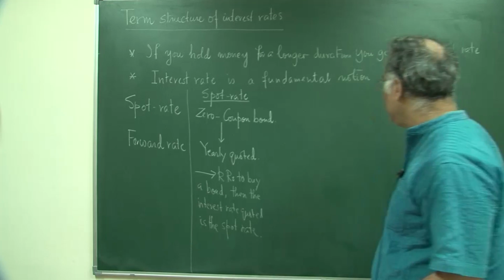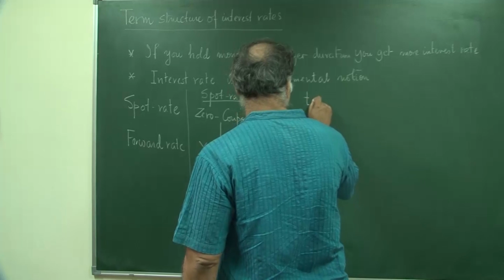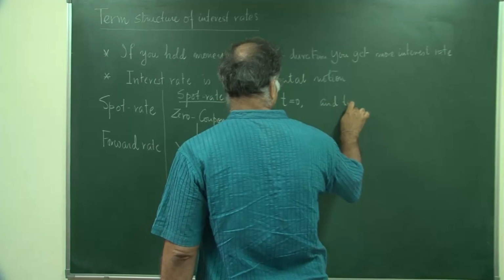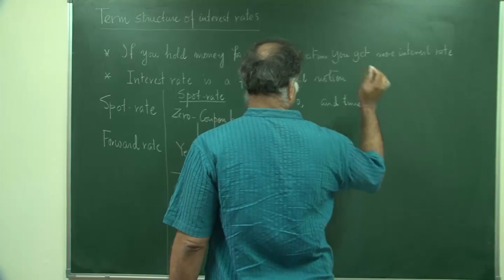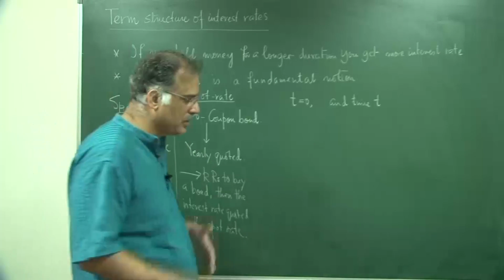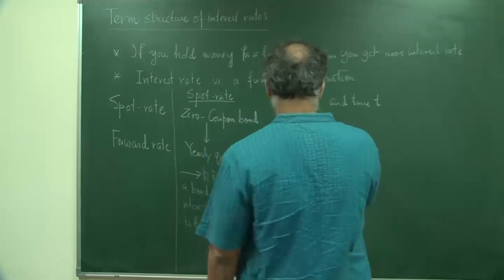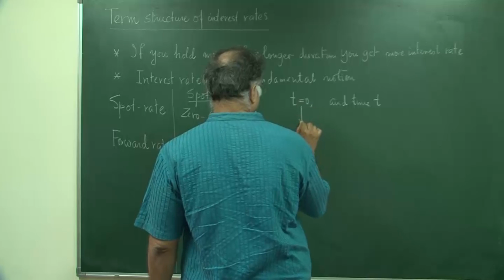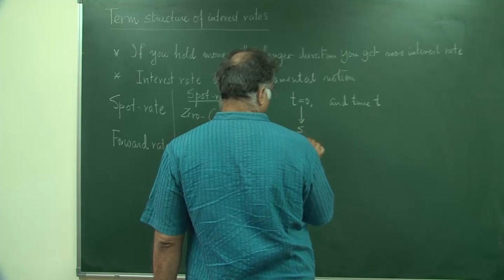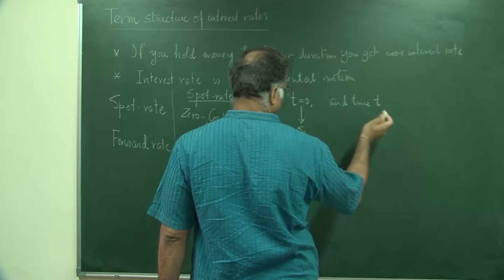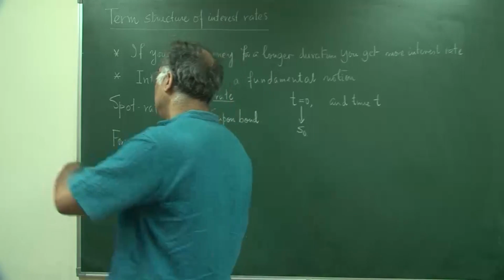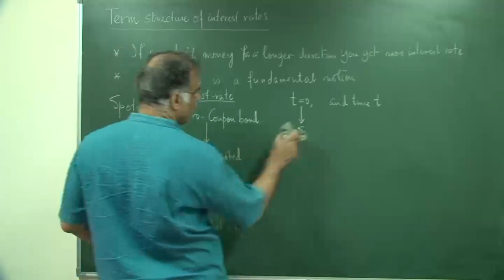Basically at time t equal to 0, you invest the money, and at time t you want to take back what you have invested in the bond with the interest. So at t equal to 0, you can quote a spot rate S_t, and at time t you will be getting back money dependent on that interest rate.